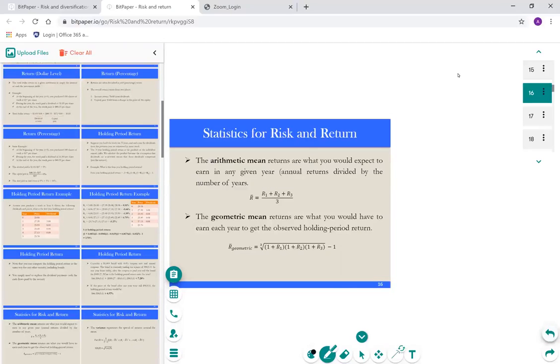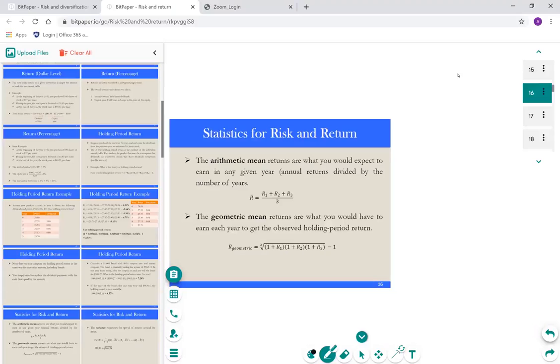Another way to do it would be to think about the geometric mean return, and that would be what you would have to earn each year to obtain the observed holding period return. The exact formula for that, if it's a 3-year holding period, is 1 plus the return in year 1 times 1 plus the return in year 2 times 1 plus the return in year 3, and you take the cube root of that, and then you subtract 1.